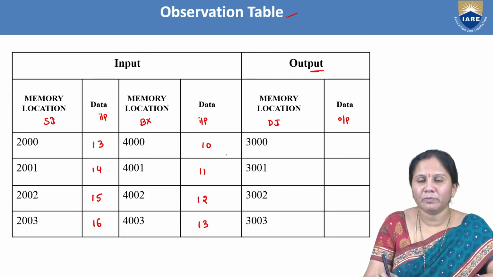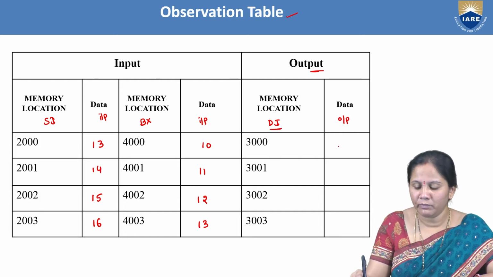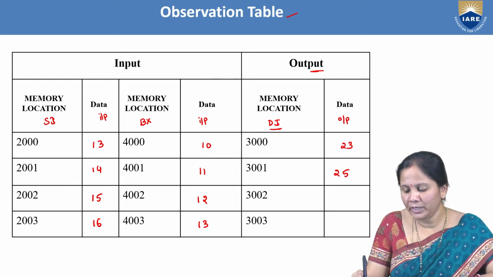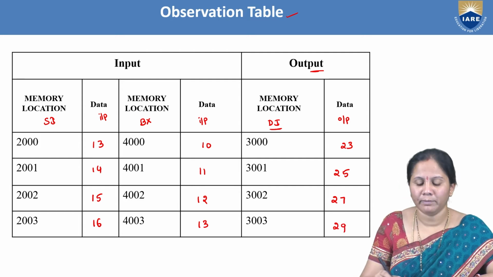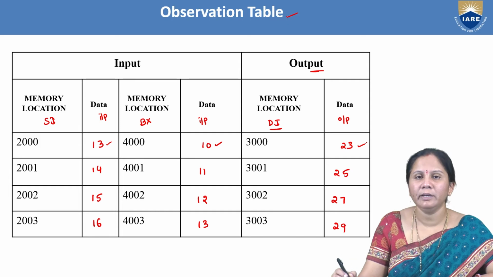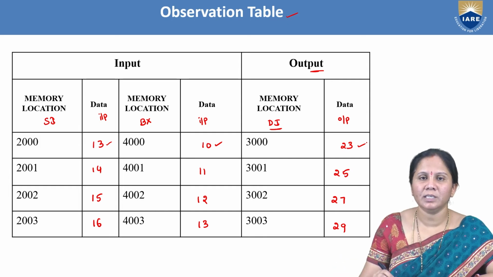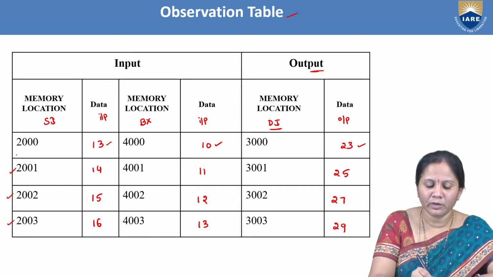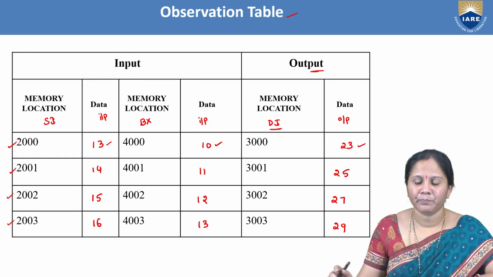After performing the addition operation, in the destination index, that is the output location, we will get the values 23, 25, 27 and 29. After performing the 13 and 10 addition, we will get 23. Since in the CL register we have taken only 4, we can perform the addition operation for only 4 inputs.